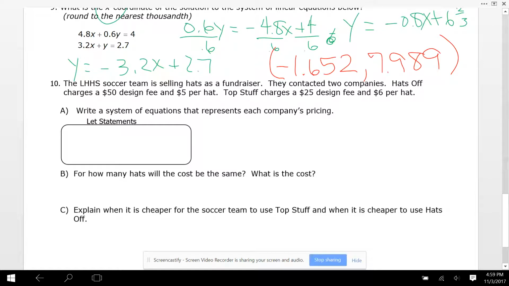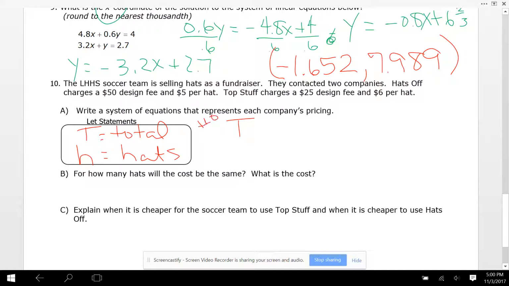So let's write our equations. What do we have? We have total cost, and we have H, how many hats? So for the first one, hats off, I'm going to have the total for hats off.